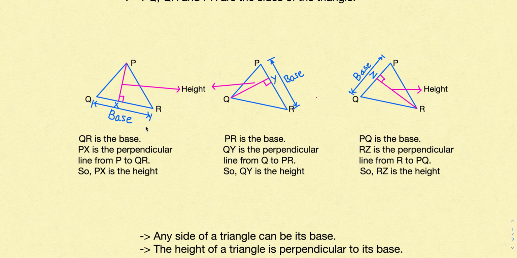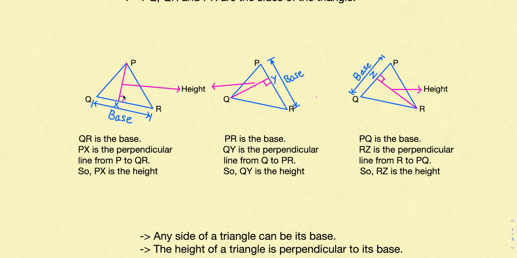Now what do I mean by that? It means if QR is my base, then my height has to be a perpendicular line drawn from the third vertex on the base, which in this case is QR. So if QR is the base, we have to draw a perpendicular line from the third vertex on the base.